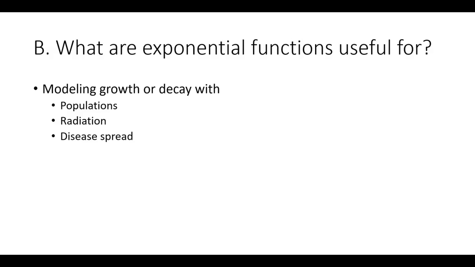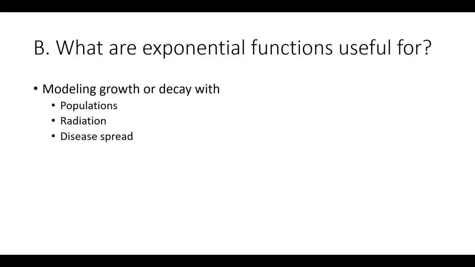They grow faster than that because, let's say your parents had 2 children, and then each of those children had 2 children, and each of those children had 2 children. It grows faster and faster and faster. And so it's not going to grow at a steady rate. It's going to grow faster and faster. So population does that.